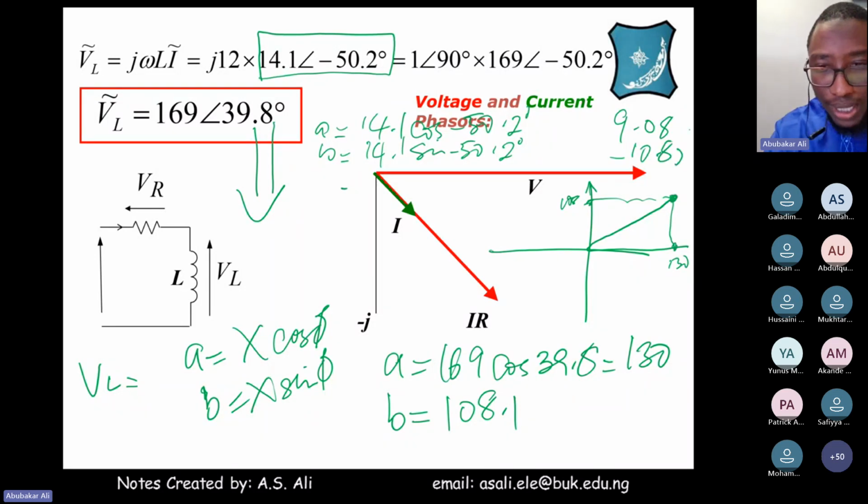So that means the X is 9.08. I can maybe assume it to be around here. Minus 10 is maybe around here. So if I do this, this is I. I is going this direction and V is going this direction. As you can see, this is the angle between them.